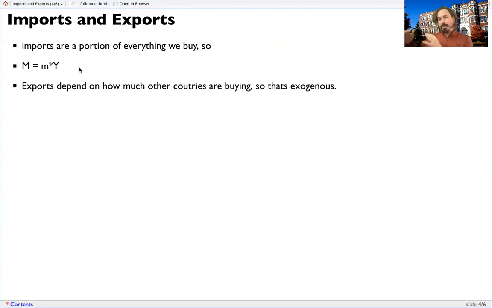That depends on how much people in other countries are buying our exports, which depends on how the economies in other countries are doing. So that's exogenous. It's outside of our model. We're just going to give you a number, just like we do for investment and government. Exports is just some number, right? So exports minus imports equals the amount of exports minus the amount of imports, which is your marginal propensity to import, or import rate, times the amount of income.